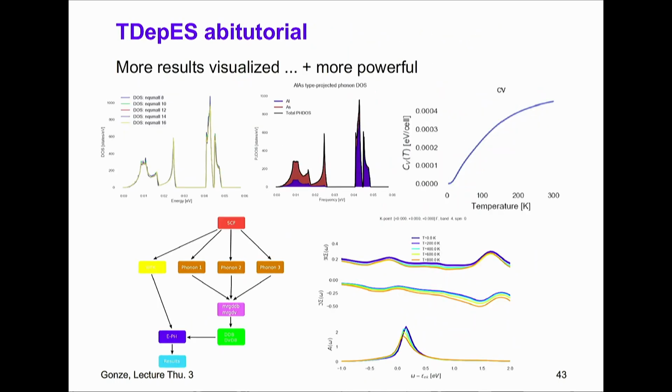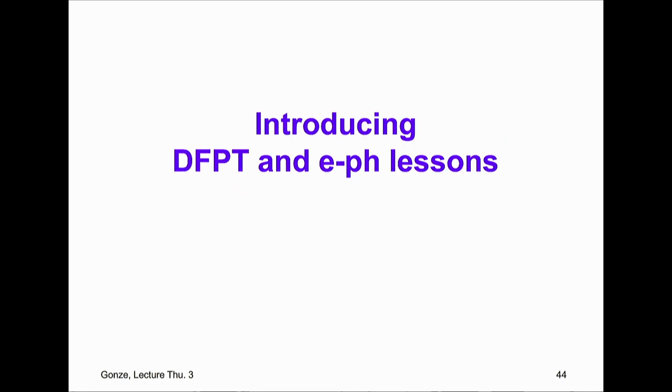In the ABIPY tutorial track, more things are visualized because of the matplotlib capability of Python scripts. But the problem is installation of ABINIT running in conjunction with ABIPY. Well, you will be shown, if you really want to do this, how to make it indeed.